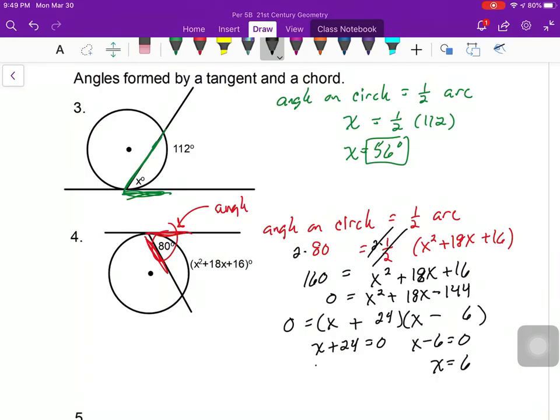I set each of those factors equal to 0. Here I add 6. Here I subtract 24. And then we have to check to see that both of those make sense. Well, if I substitute a negative 24 in, and I take negative 24 squared plus 18 times negative 24 plus 16, yep, that one checks fine.